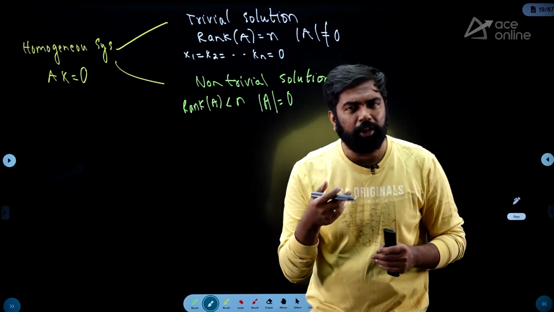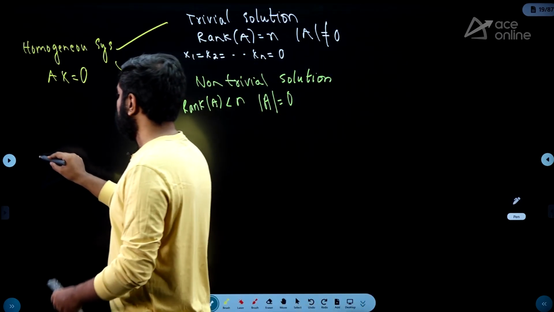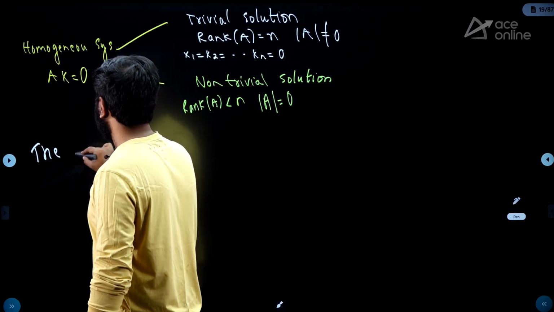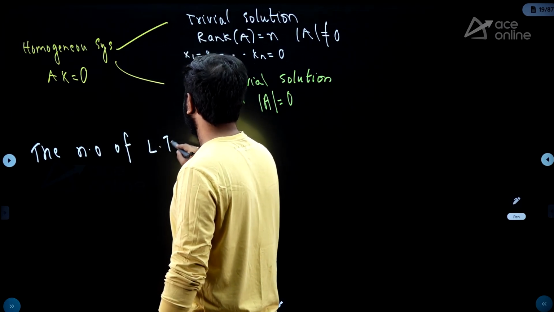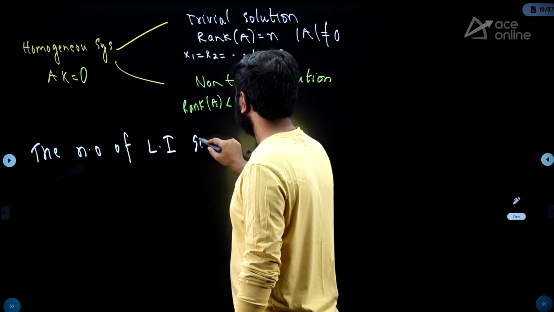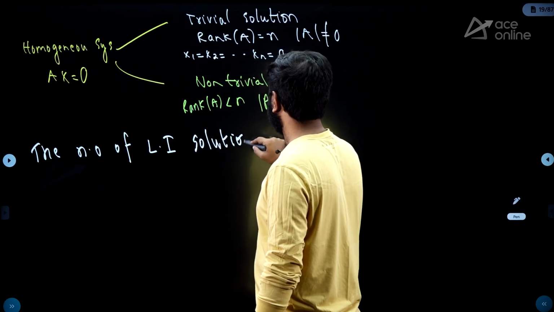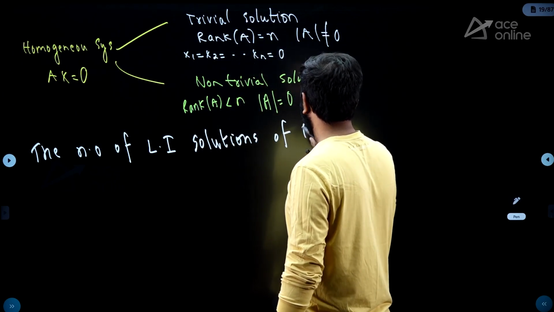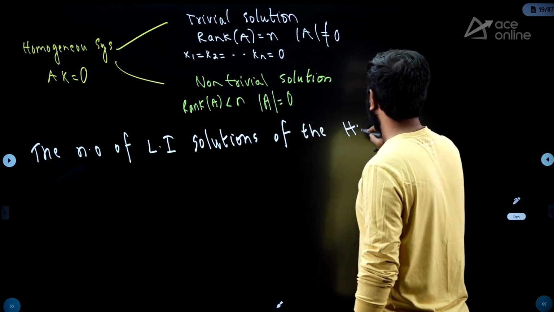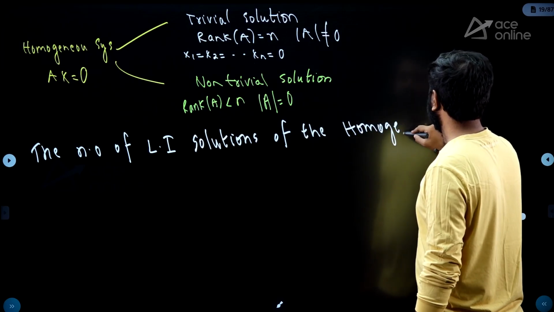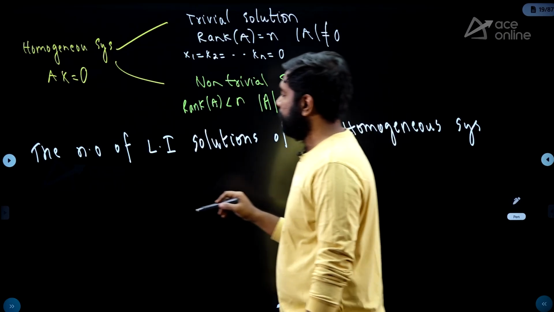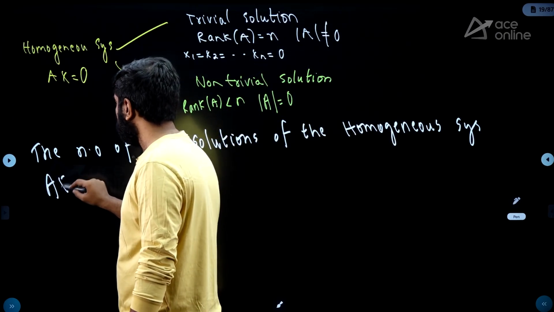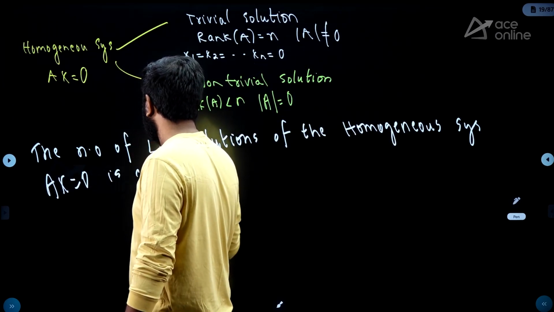I want to know how many of them are linearly independent. So look at the statement. The number of linearly independent solutions of the homogeneous system Ax equal to 0 is given by what?